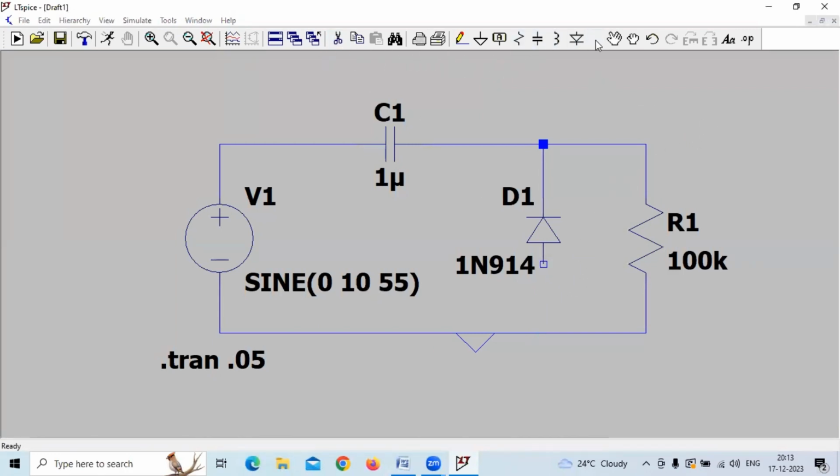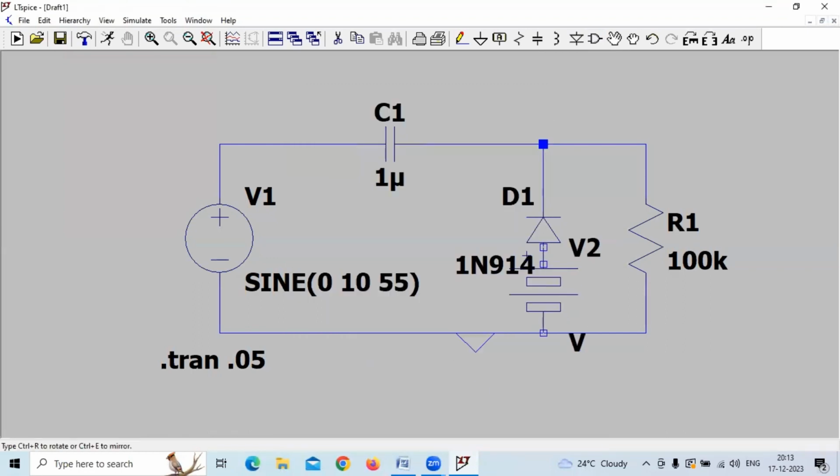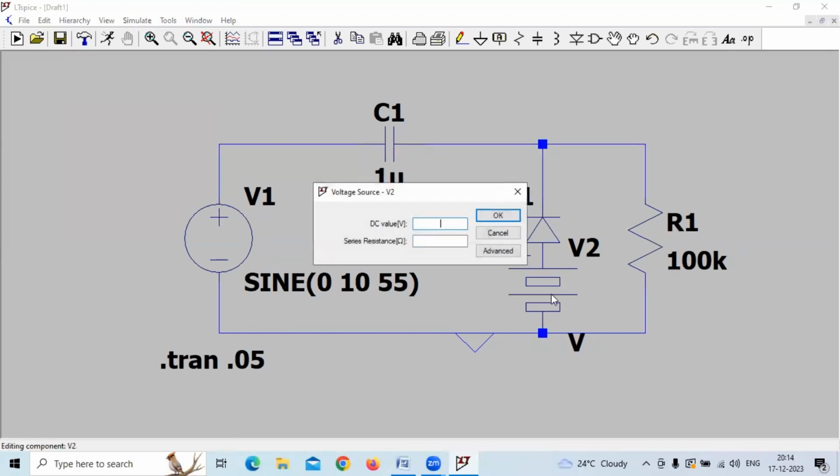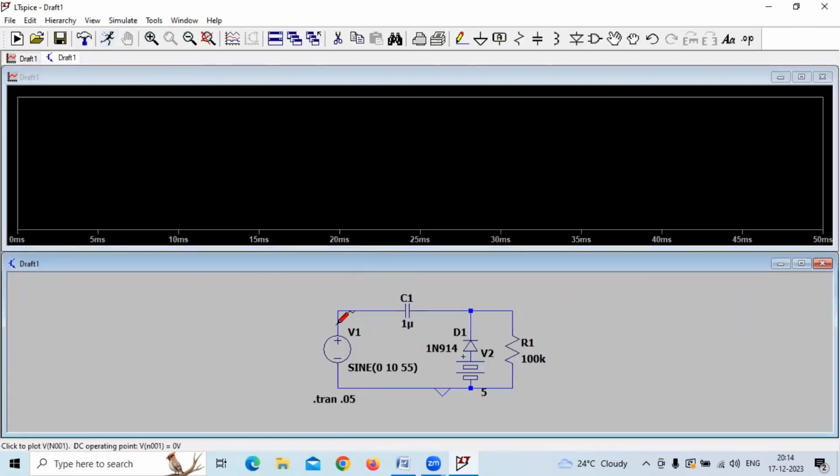For the same circuit, if I add a DC voltage, that is a battery, and say I give the value as 5 volts, then this is positive clamper with positive bias, positive reference voltage.